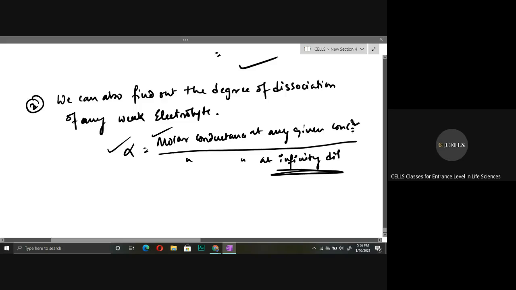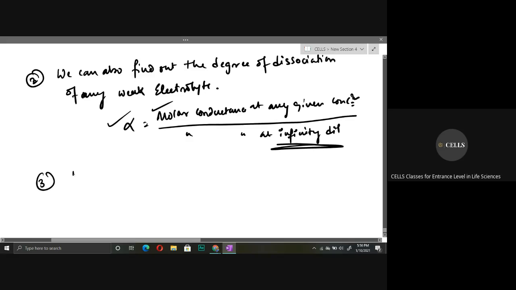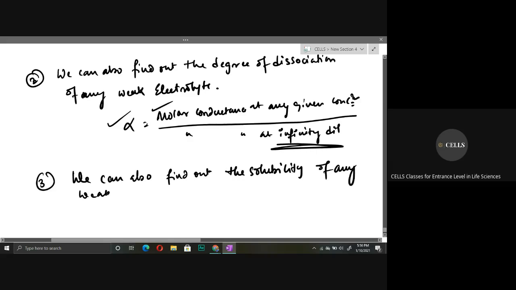Now, third, we can also find the solubility of any weak electrolyte. How?